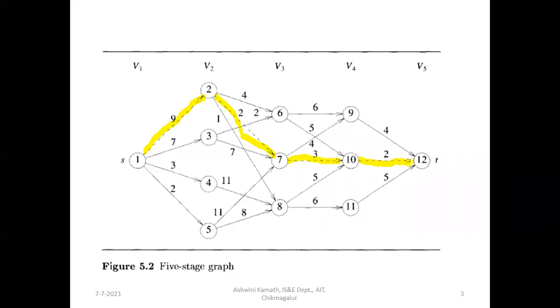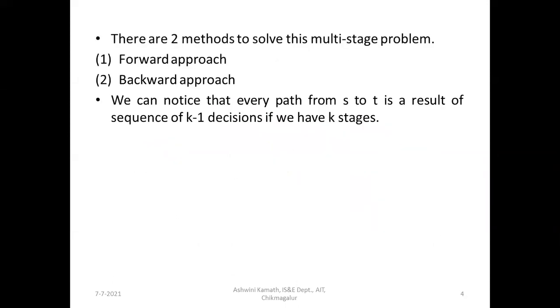K minus 1 decisions, or K minus 1 edges, are required to reach from the source node to the sink node. We have to find the shortest path here. So every path from S to T is a result of a sequence of K minus 1 decisions, or K minus 1 edges if we have K stages. So 5 stages means 4 edges required.